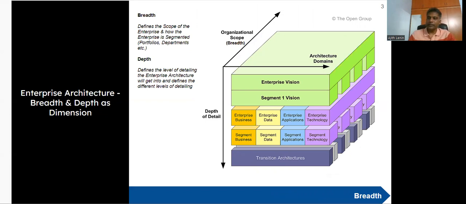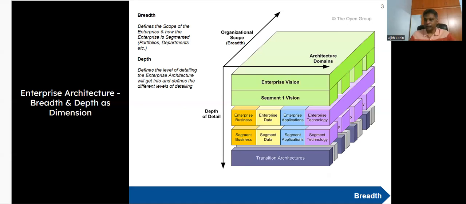Breadth represents the organizational scope or the enterprise scope. So how are we going to break down the enterprise into smaller units so we can start capturing the details of that segment? Each enterprise can be broken down into segments, and each enterprise-level component can be detailed into the next level.